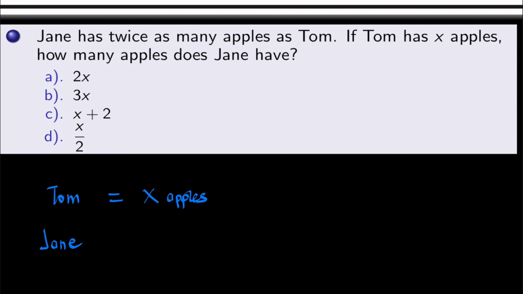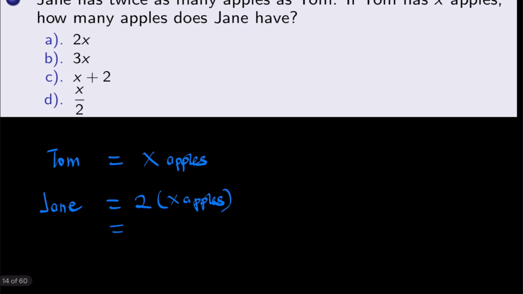Now, Tom has x apples, so we are going to have twice, that's 2 times the number of apples, so that's x apples. And so Jane will have 2x apples, so the correct answer is option A.